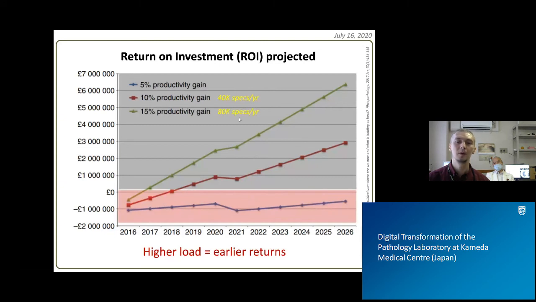But if your load is, let's say, 40K or 80K per year, you would need to be maybe a university network to manage such a huge number of specimens. It's not common in Japan to have this high load annually. But if you do, then you have a higher chance to get your money back.